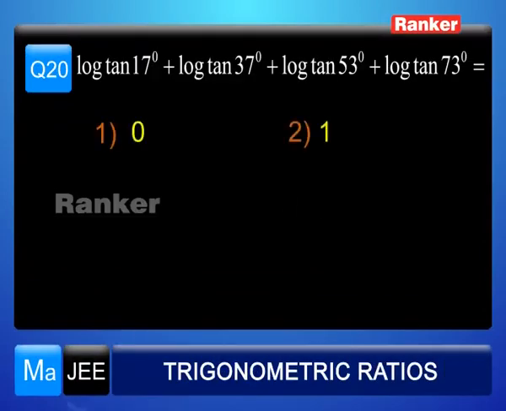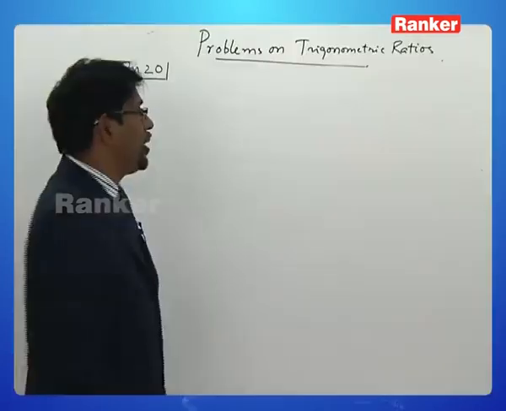Log tan 17 plus log tan 37 plus log tan 53 plus log tan 73 degrees is equal to: first option 0, second option 1, third option 2, fourth option 3.